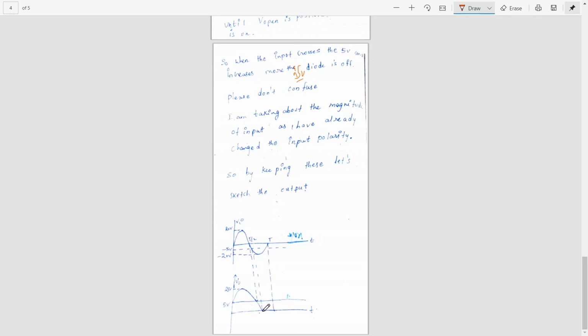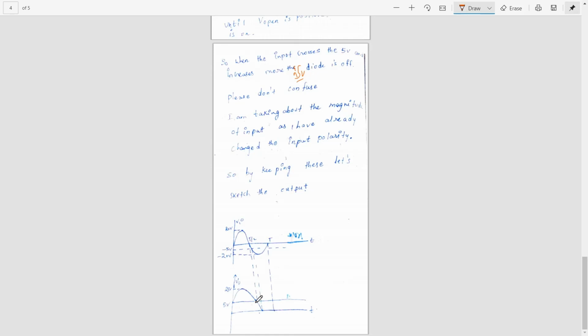We will get this sort of waveform. And when the input crosses minus 5 volt, or it becomes more negative than minus 5 volt, the diode is off. When the diode is off, there is no voltage across the output or across the resistor, so 0 volt drop.